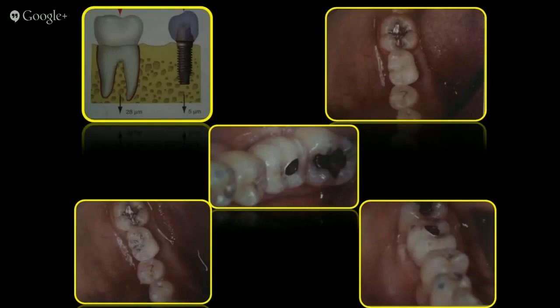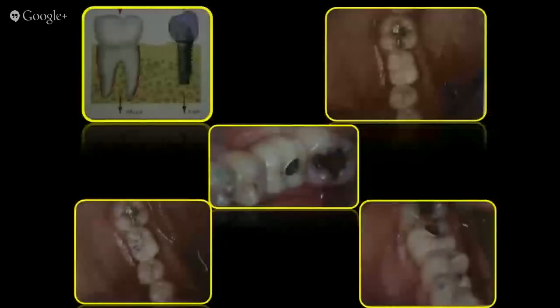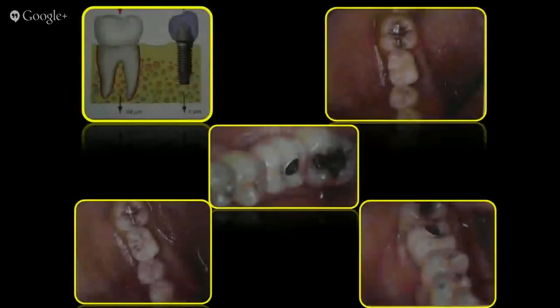Then I'll ask the patient to bite and chew. In that instance, I want uniform contacts between my natural teeth, my implant restorations, and the opposing tooth, using a different articulating paper.